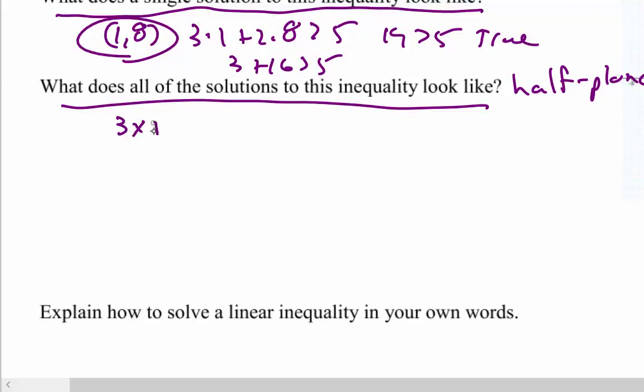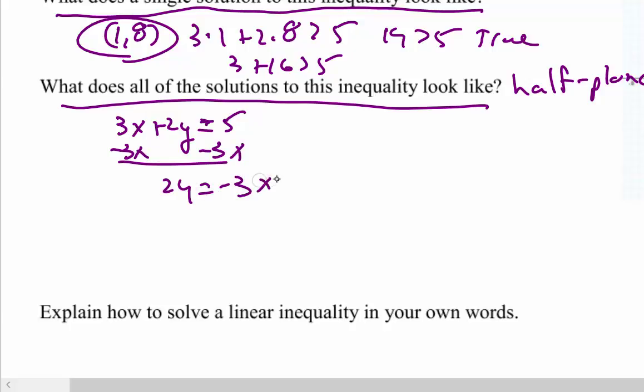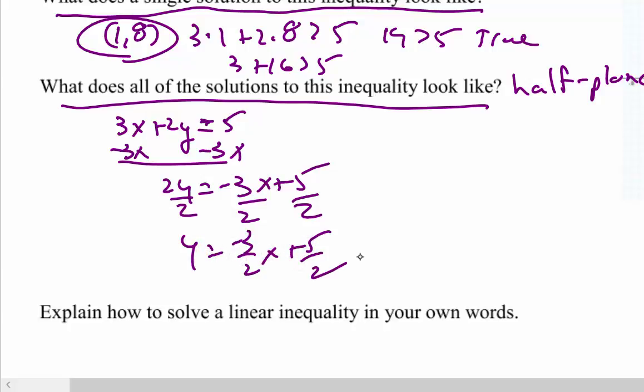If you ignore the inequality and just look at 3x plus 2y equals 5, that is a line. If you solve for y, 2y equals negative 3x plus 5, divide by 2, y equals negative 3 halves x plus 5 halves. So that gives me my slope and my y-intercept.